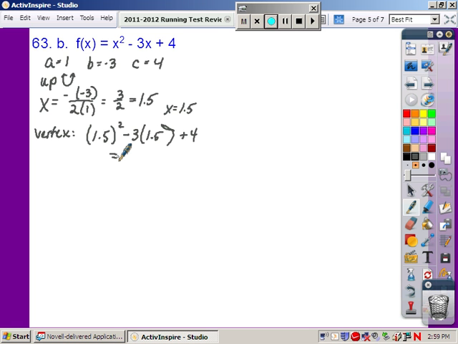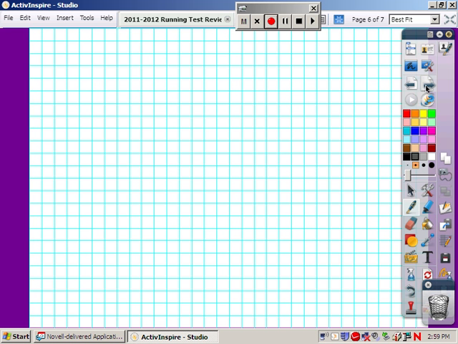If you want to use a calculator, make sure that you put the stuff in parentheses like I did, and then make sure that when you put it in the calculator, you include the parentheses such that you are typing it exactly how it's written, and you'll be okay. Comes out to 1.75. So what I have as a coordinate point is 1.5, comma 1.75. And I know the y-intercept is equal to 4. So with that, I'm going to go to my graph.